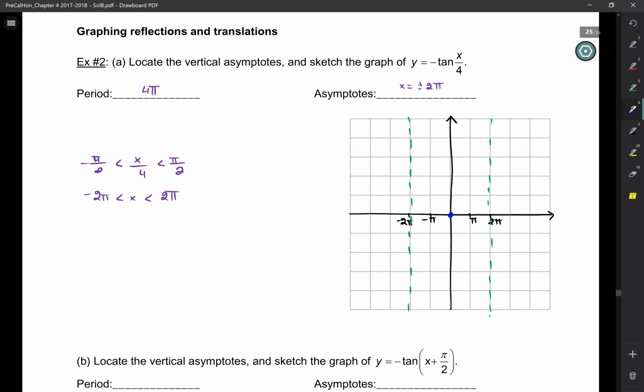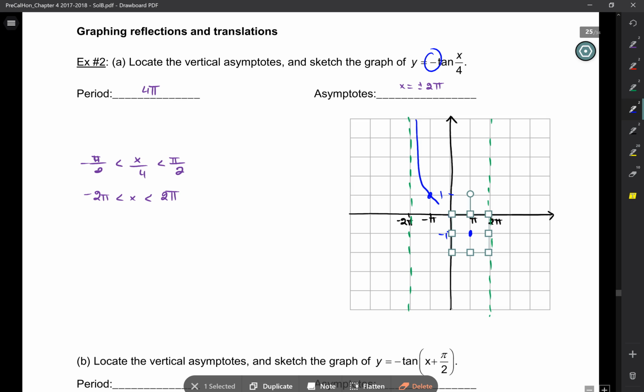Now, watch up here for a minute. At pi, we would have gone up to 1, but there is a negative in front, so I go down to negative 1. To the right, I'm going to go up 1, the opposite.